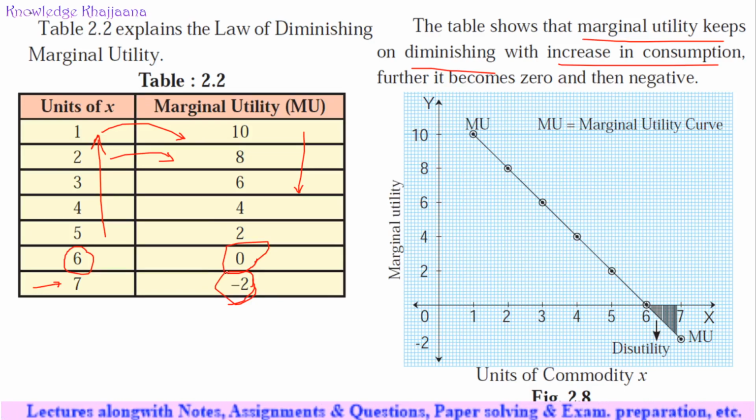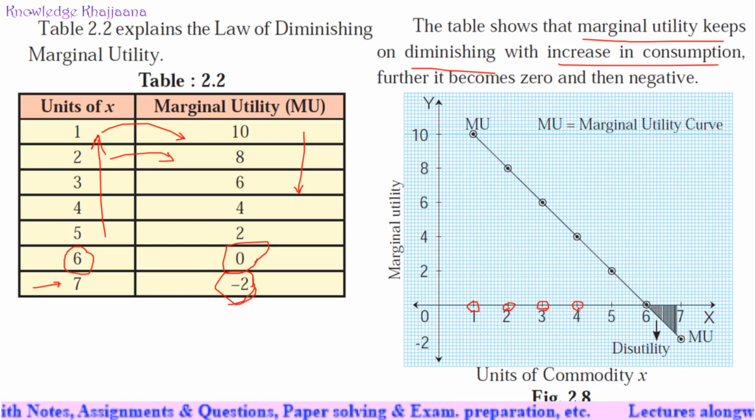This disutility is shown on this graph as negative utility, which can be harmful or injurious also. See, this curve shows the marginal utility graph drawn against consumption of units of a commodity. At the consumption of 1 unit, marginal utility is 10. At the second unit, marginal utility is 8. At the third unit, it is 6.